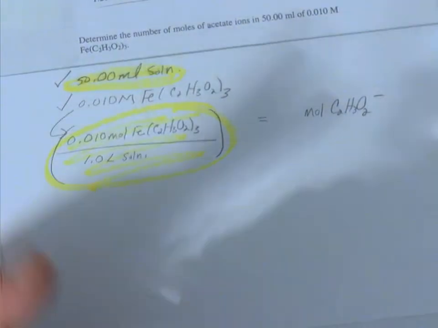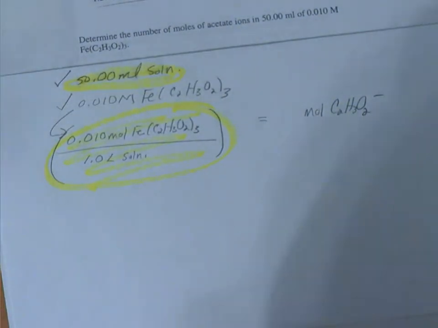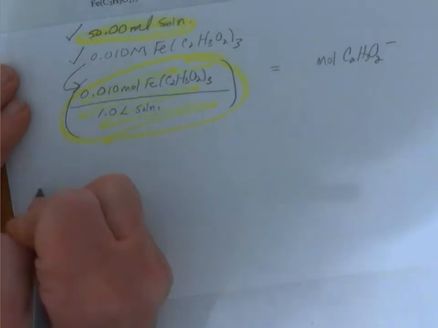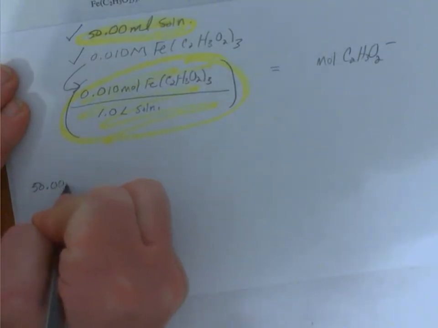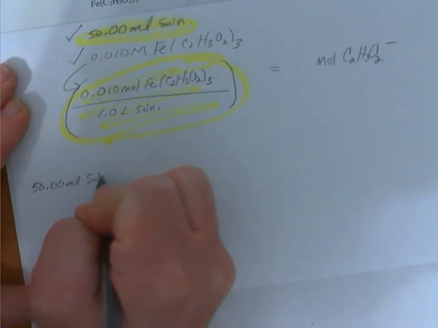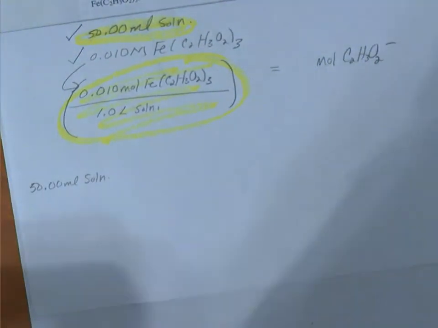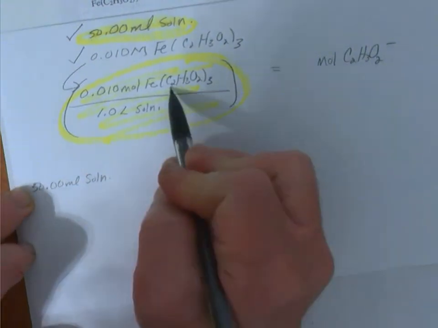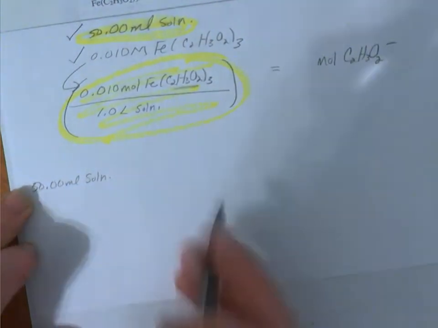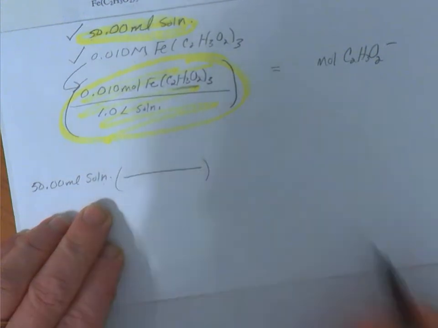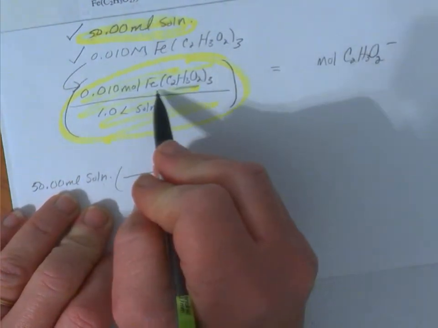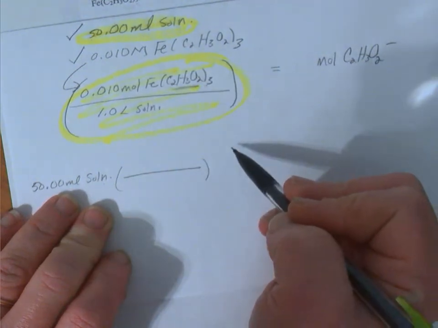All right, let's see where this takes us. Now, you could start with either given, but I'm going to favor starting with my non-conversion factor. So I start with 50 mL of my iron 3 acetate solution. All right, well, I know I want just moles of the acetate. Well, this will get me moles of the entire solute, but that's per liter.